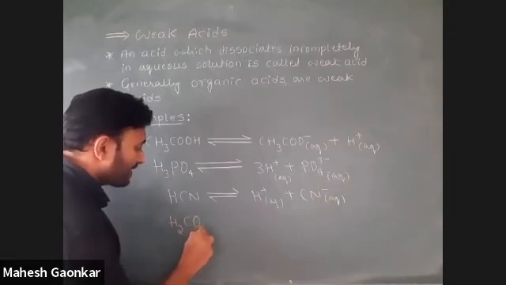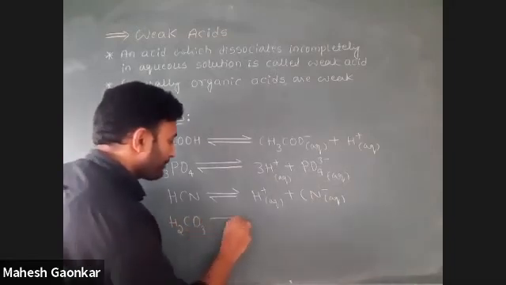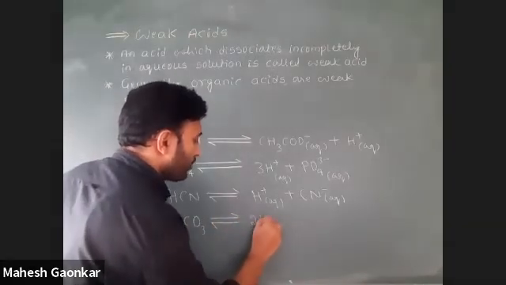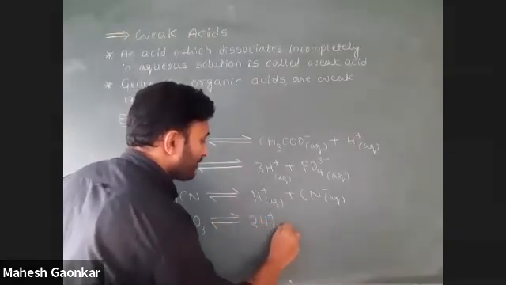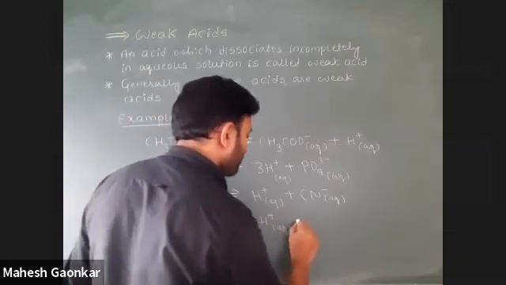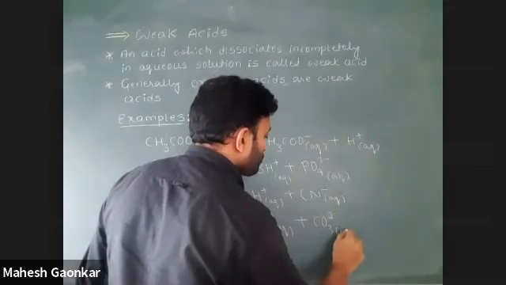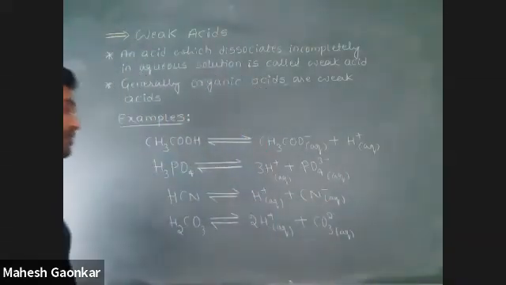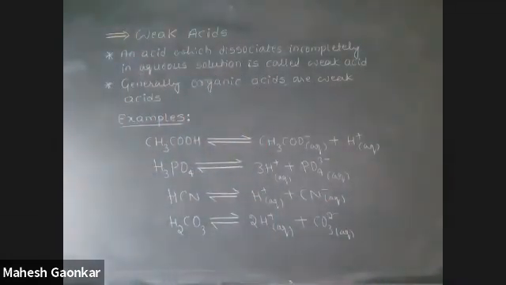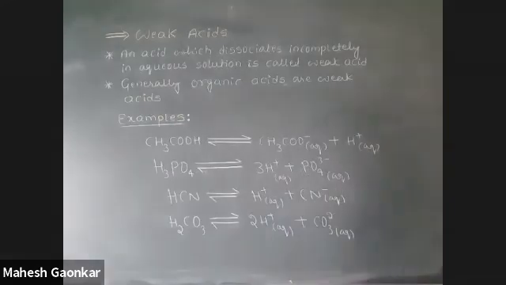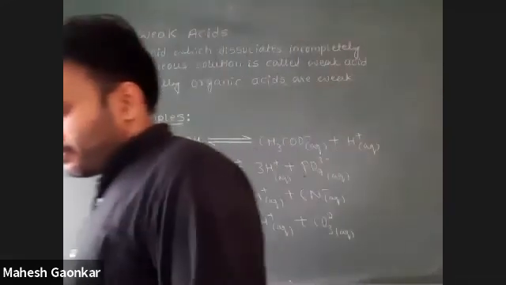Or carbonic acid, H2CO3, also ionizes partially or dissociates incompletely into H plus and CO3 2 minus. All these are examples of weak acids. Hope that's clear.